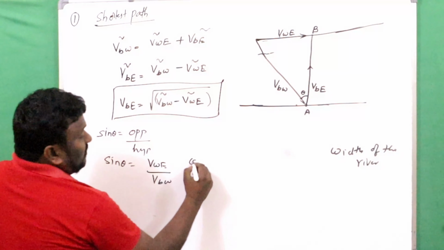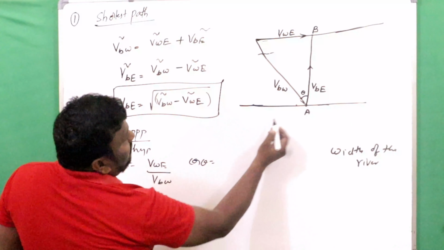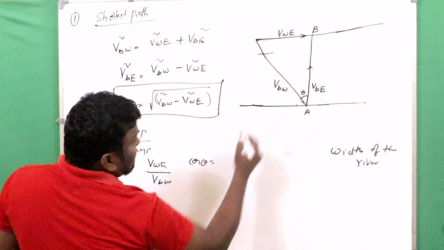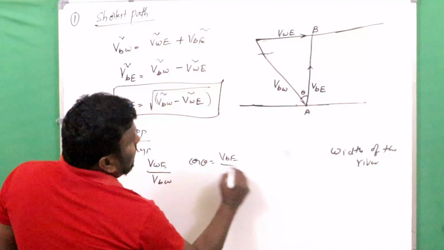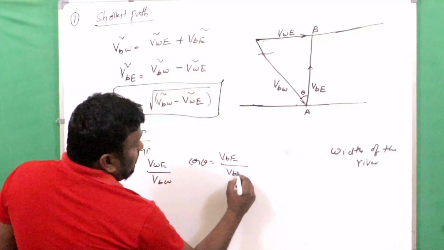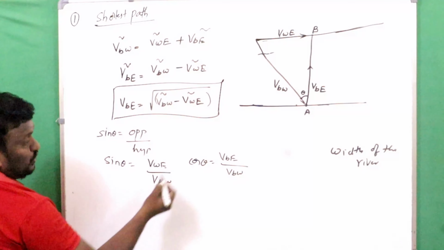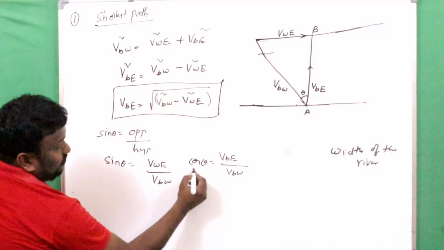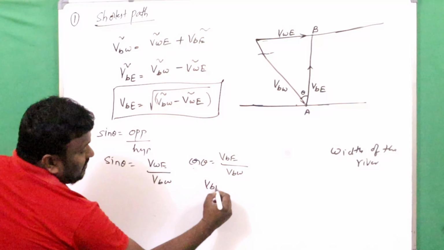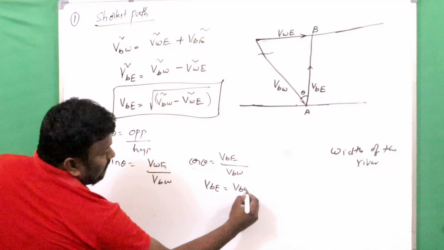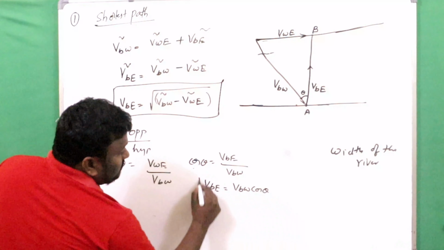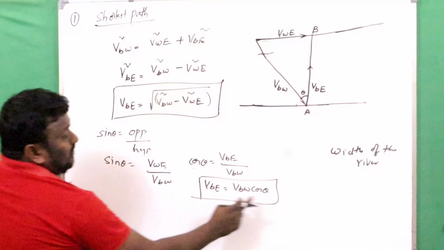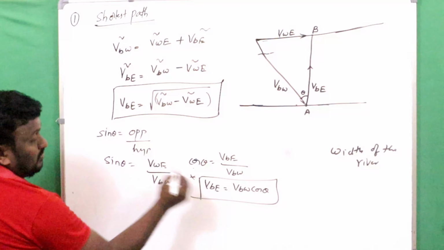Then obviously cos theta is adjacent side VBE by VBW. So from that, children, VBE is equal to VBW cos theta. That we have to remember.